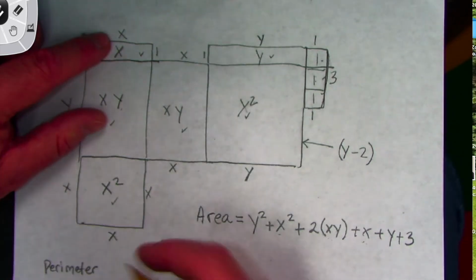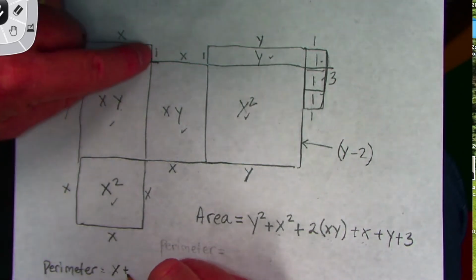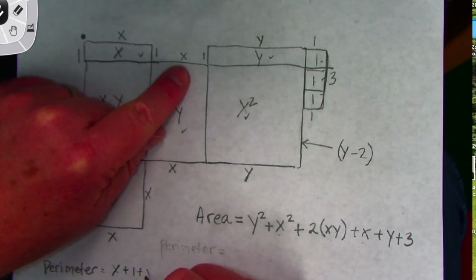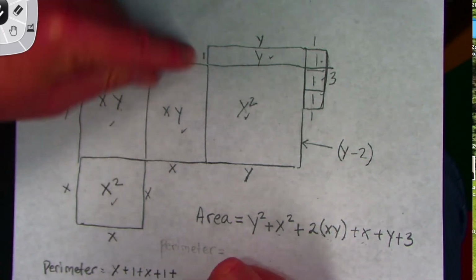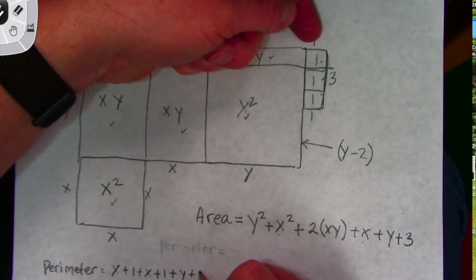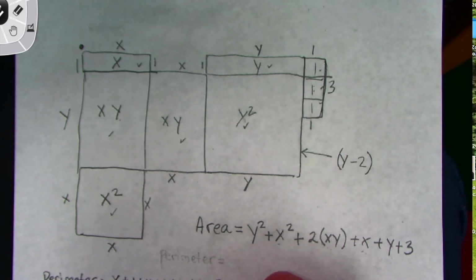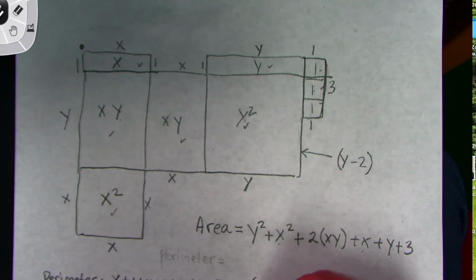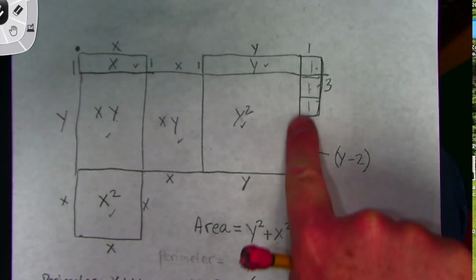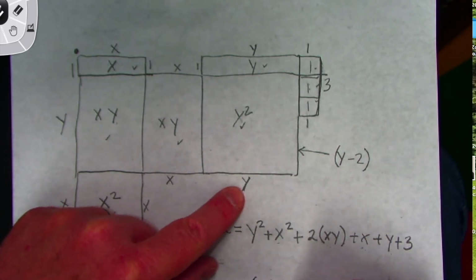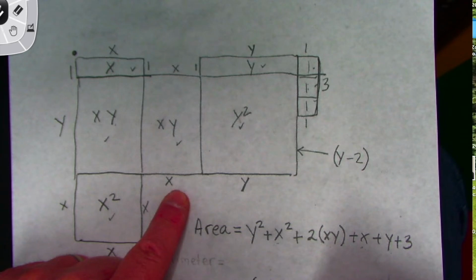All right. So it is x plus 1 plus x plus 1 plus y plus 1 plus 3 plus 1 plus y minus 2, is that distance, plus y plus x plus x plus x plus x plus y plus 1.